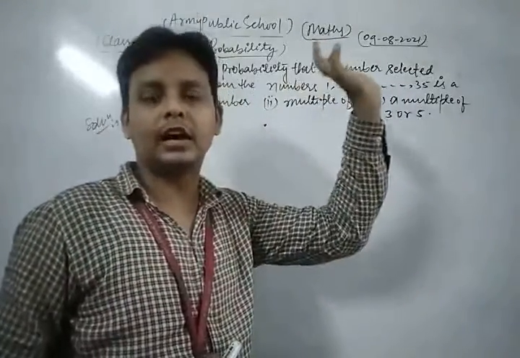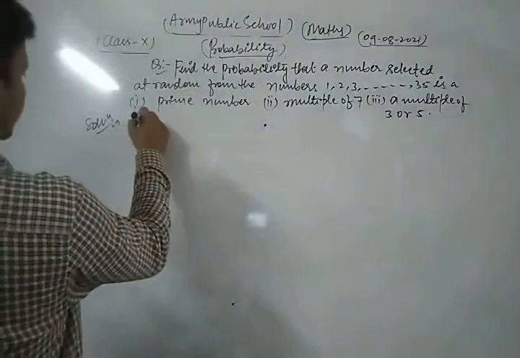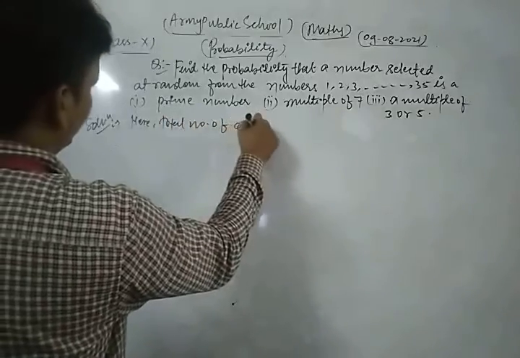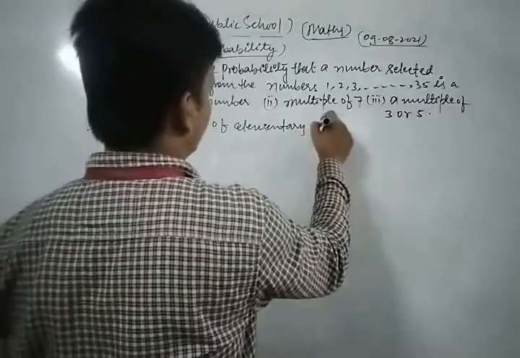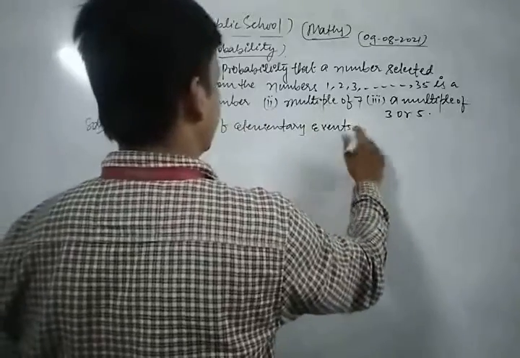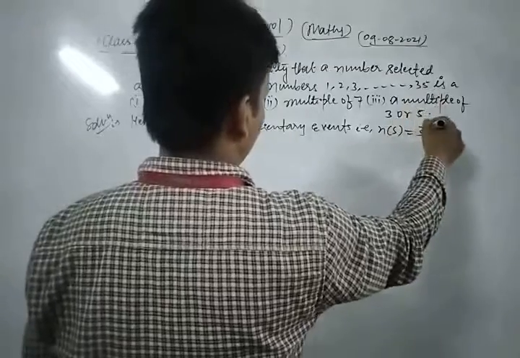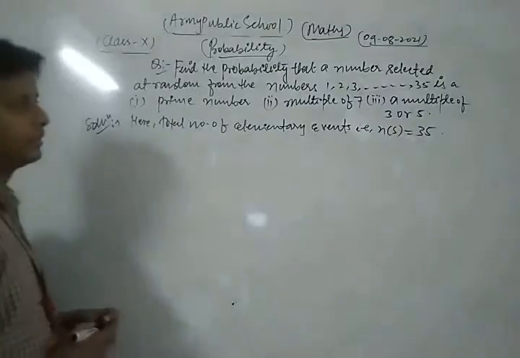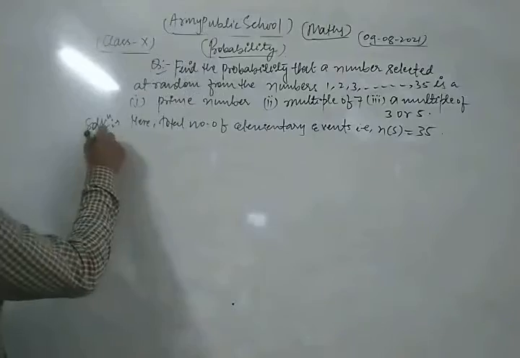So here the total number of elementary events, that is n(S), the total number of the sample space, is 35. Okay, that is the total number of elementary events, n(S) is 35.